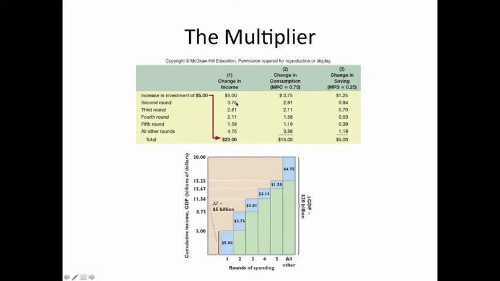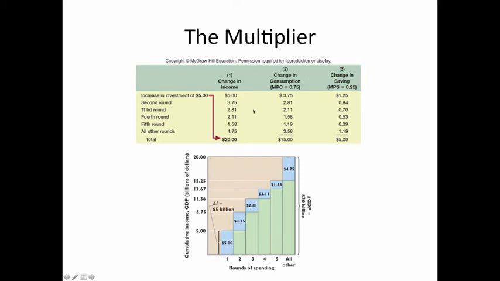And we'll have all these rounds of spending, all because of that original increase in investment spending of $5 billion. Again, here we notice the total change in income, or real GDP, is $20 billion, which again is this multiple of the original increase in spending.